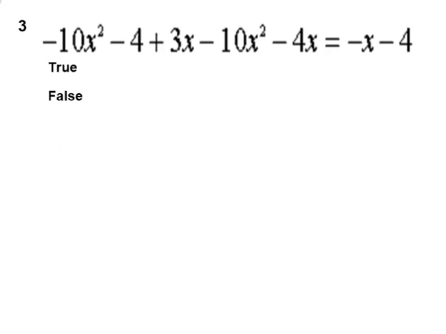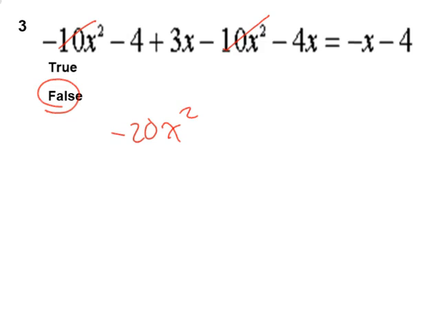Question 3 gives a big long string of a polynomial. And it asks you, is this long polynomial equivalent to this small little binomial? In order for us to do that, we need to gather like terms. We'll start with my highest degree terms, which are my x squareds. A -10x squared and a -10x squared is a -20x squared. And right off the bat, I'm like, hang on a second.